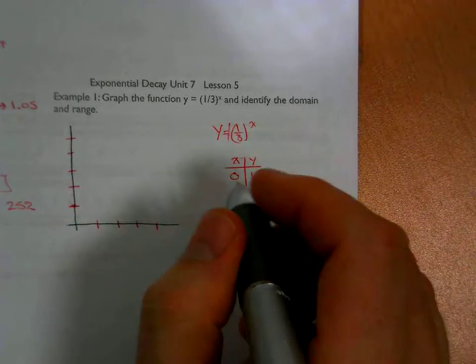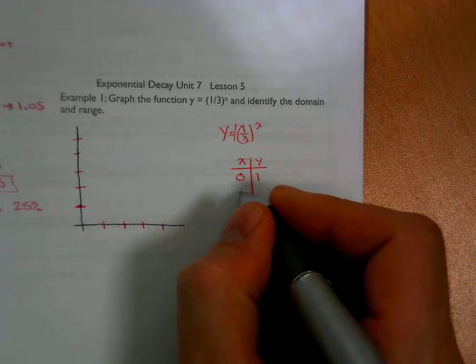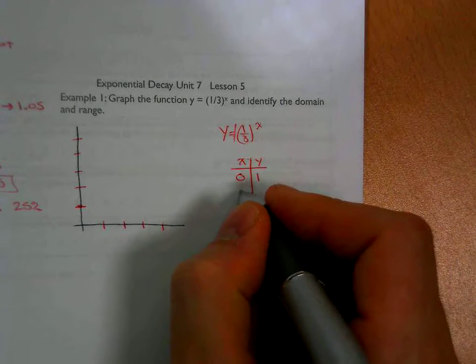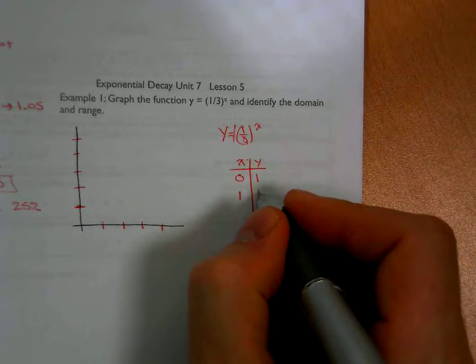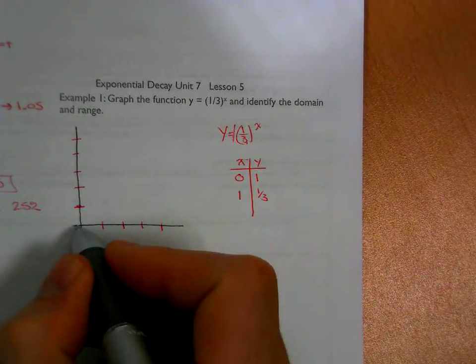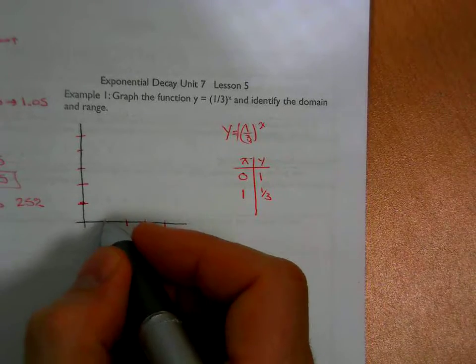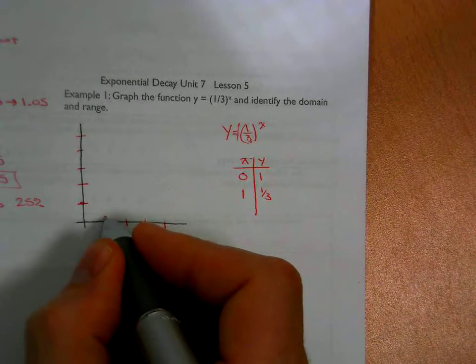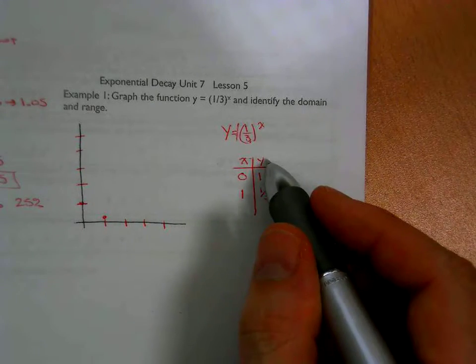Alright, let's pick a couple of numbers to plug into this formula and then graph. 1/3 to the first power would be 1/3. And so you can see here that it's definitely not going up, it's going to go down. So when x equals 1, y equals 1/3, that'd be right around here. Now again, remember with exponential functions, this is a pattern.